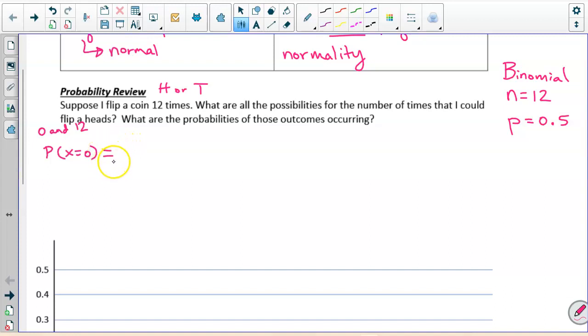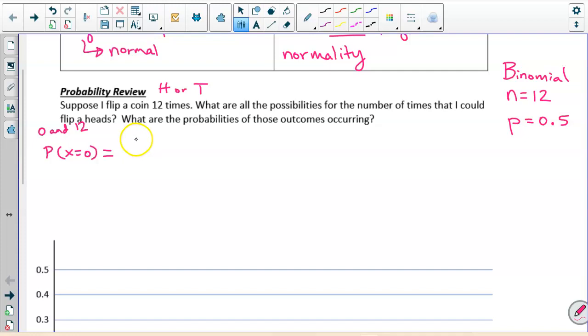Okay. I know it's been a minute since we did this, so I'm going to help you, all right? So the probability that we flip no heads. That's the binomial PDF or CDF. Am I finding one, or am I finding the cumulative where I add all of them up to that one?